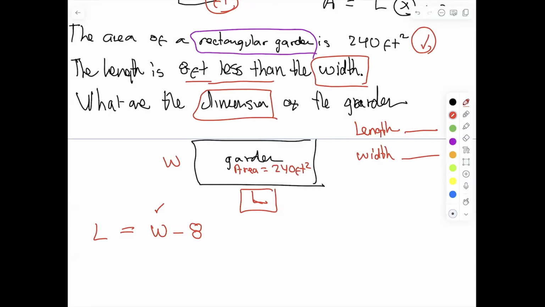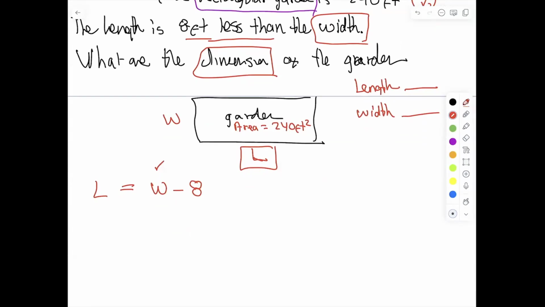So if we have that, what is the equation? Well, the equation is area is equal to length times width.